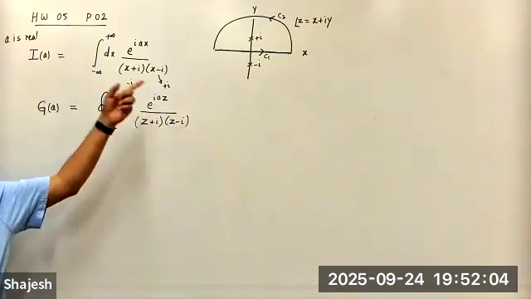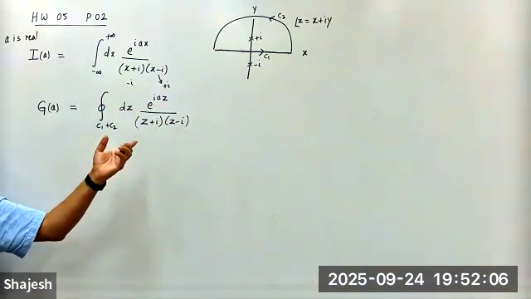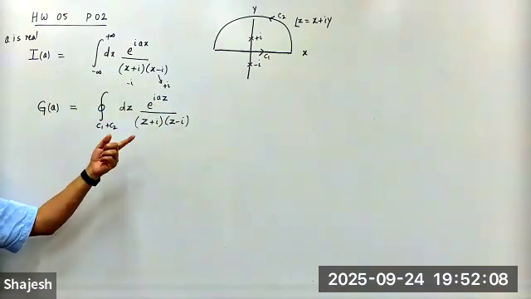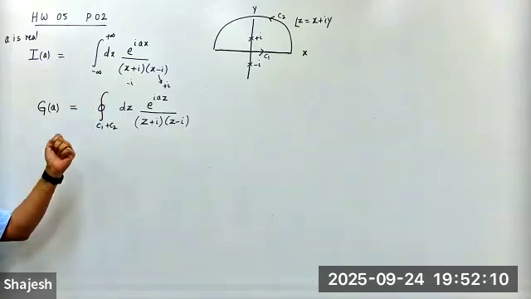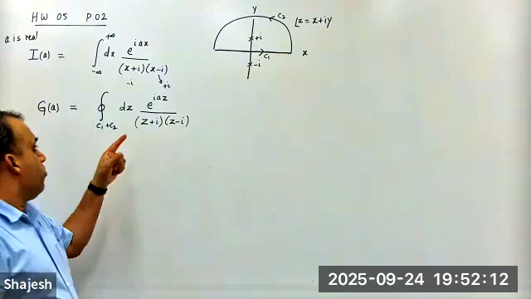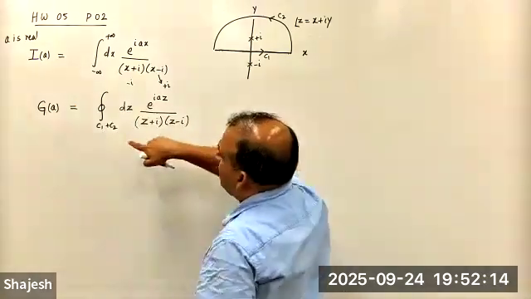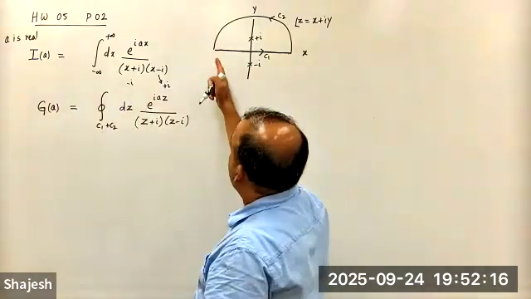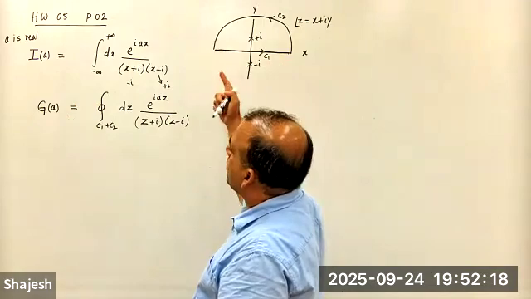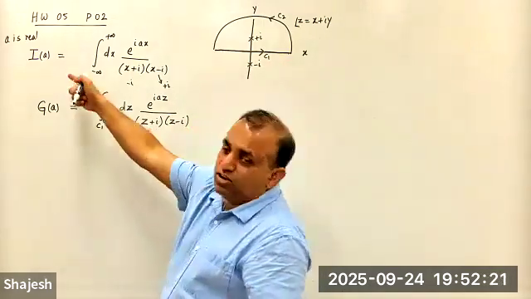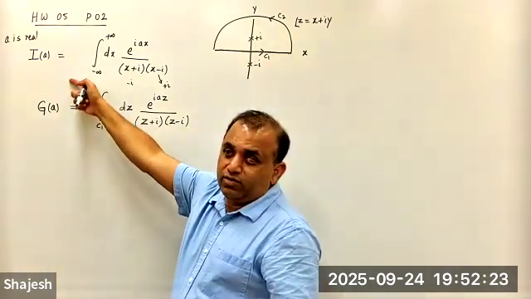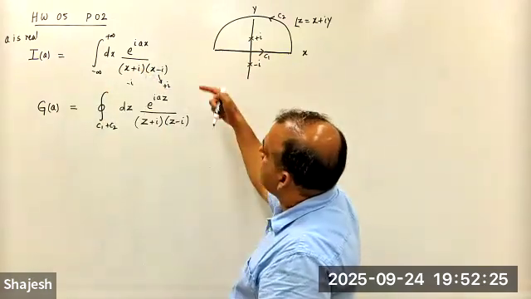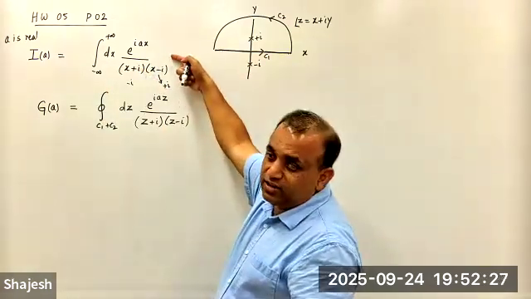Is that clear how I switched from first to the second? I could have done many things, but this is one possibility. Why I chose this is that along part of the closed contour, this exactly is equal to I of A. On C1, this is exactly the integral that's provided.